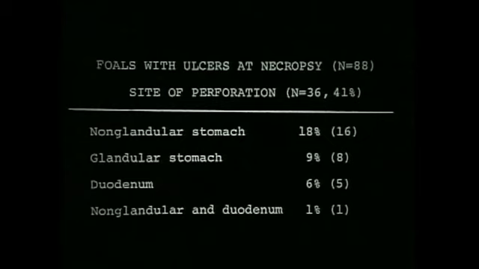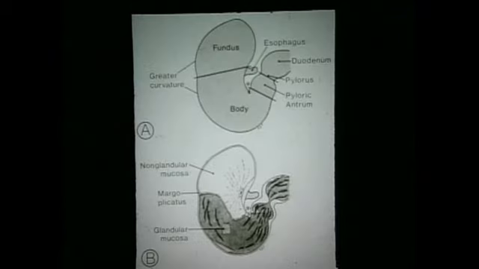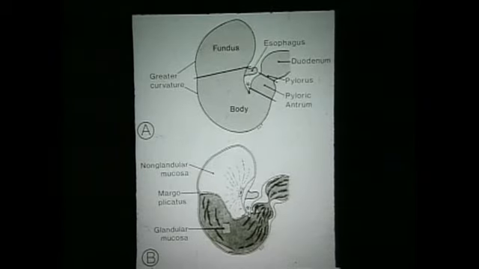The site of involvement, ulceration and or perforation, affected both compartments of the stomach, the non-glandular stomach and the glandular stomach, and in some instances the duodenum, or non-glandular and duodenum, but as I mentioned, in many instances the distal esophagus was involved. Just to show you the anatomy of the equine stomach.